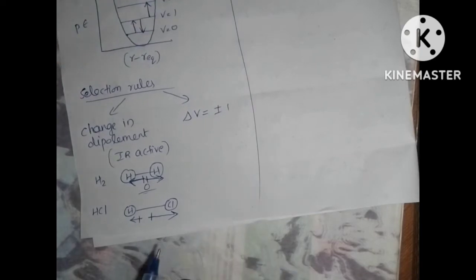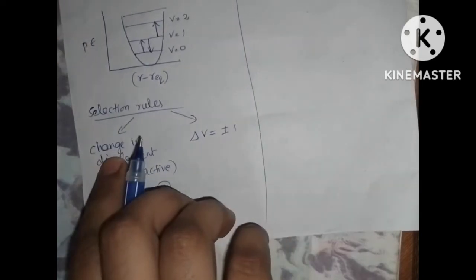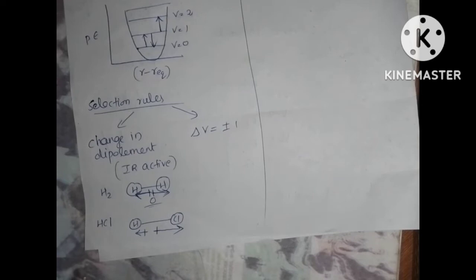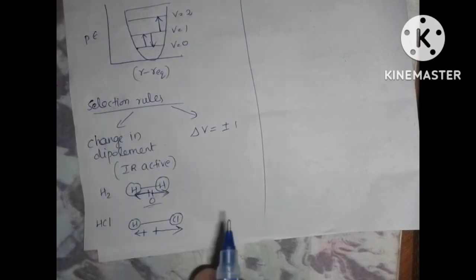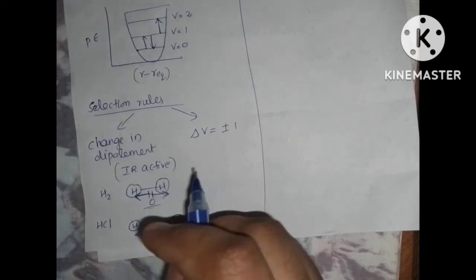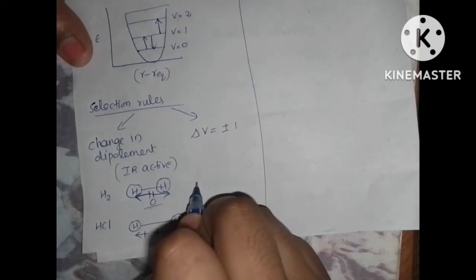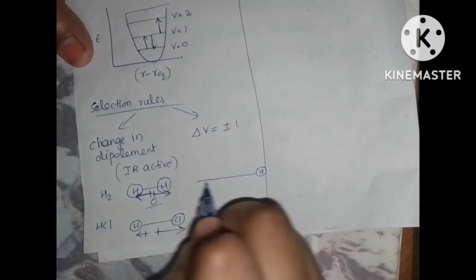Now we will check for a change in dipole moment, not the value of the dipole moment we are looking for. There should be a change after vibration. So after vibration means if we are stretching this hydrogen molecule, its bond length increases, it will look like this.